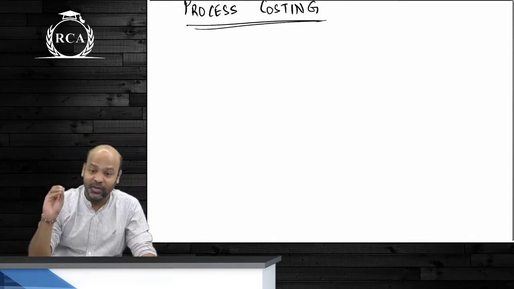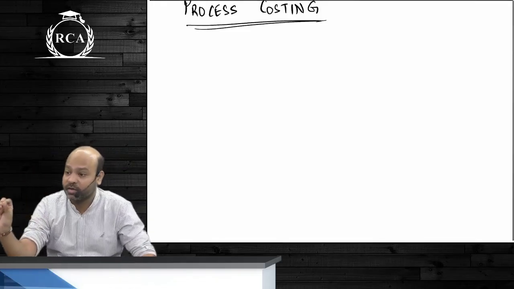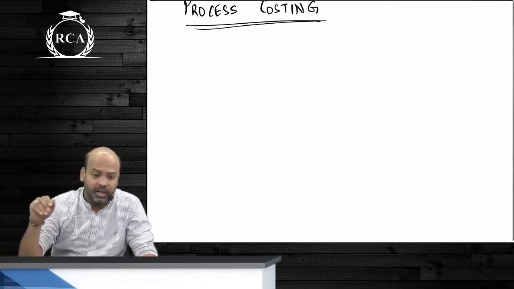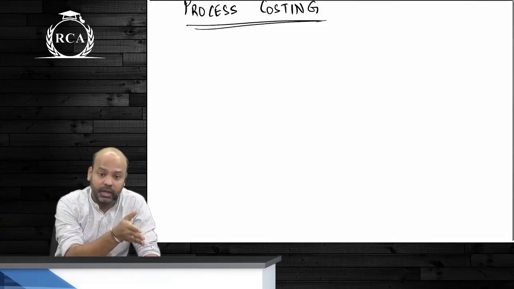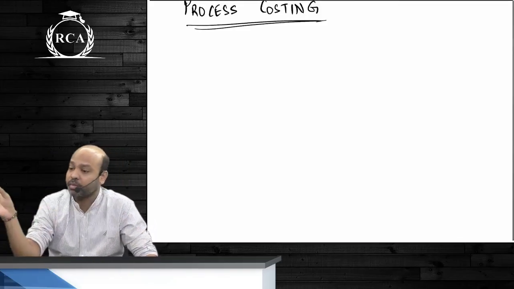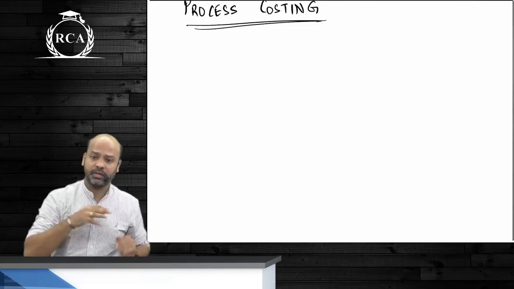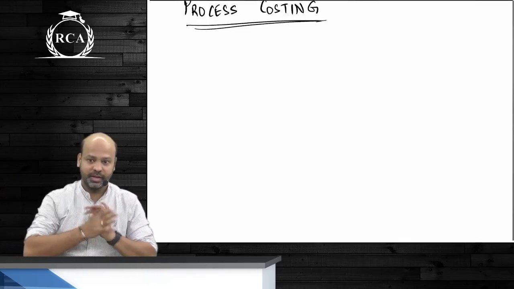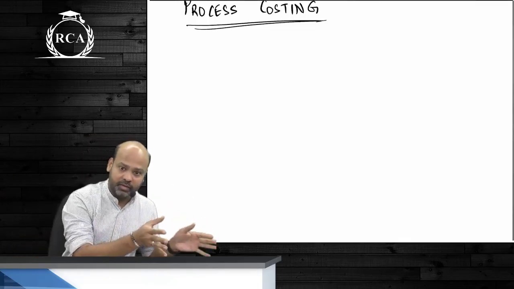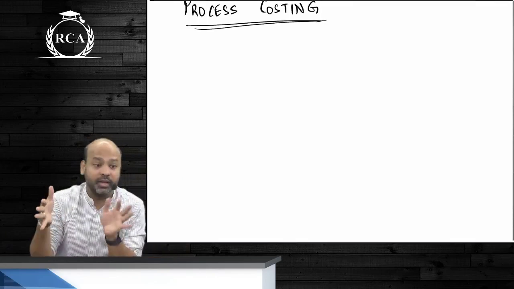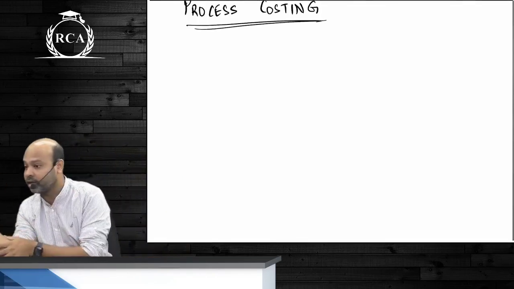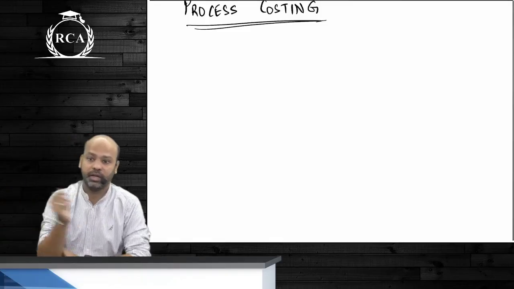So if an organization follows process costing, guys, there will be inventories lying in every process at any given point of time. Let's say CA is a process. There's inventory lying in the foundation level, there's inventory lying in the CA intermediate level, there's inventory lying in the CA final level. Yes or no, guys?